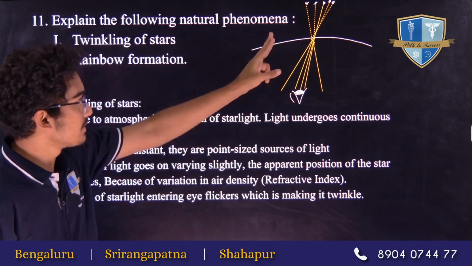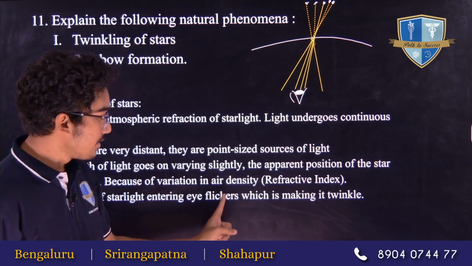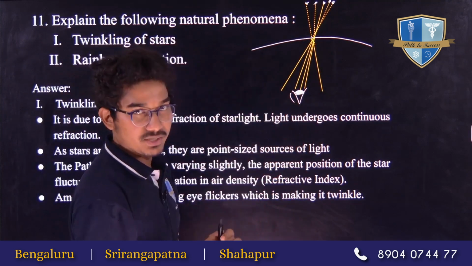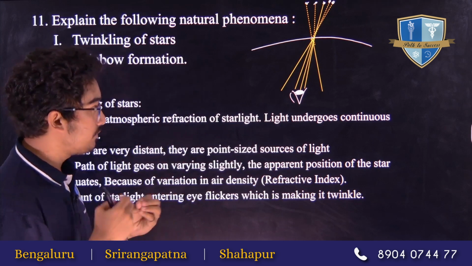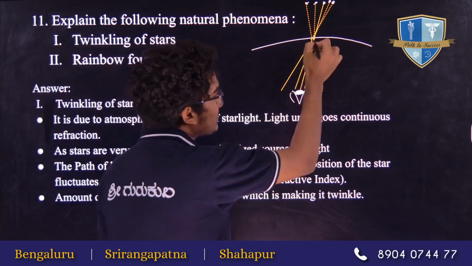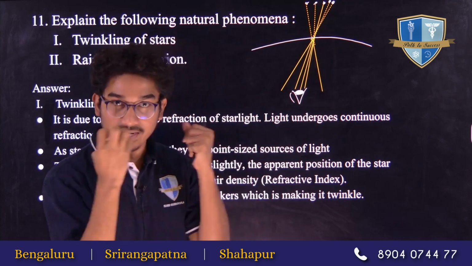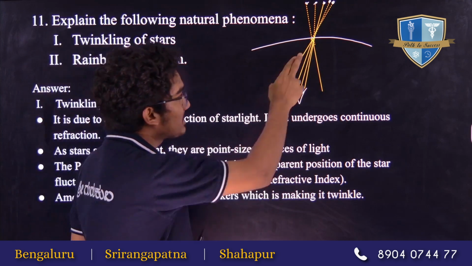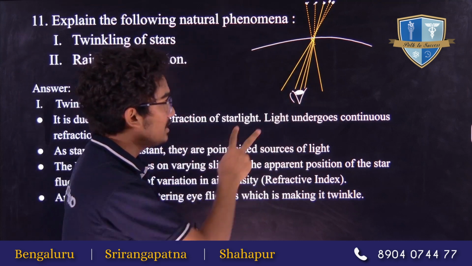Due to this change in apparent position, the amount of light entering our eye will flicker. Why? Sometimes it is entering our eyes and sometimes it is not. So when it is entering our eye, we will see the star as a bright star. And when some of the light is not entering our eye, we will see it as a dim star. So this is a continuous process.